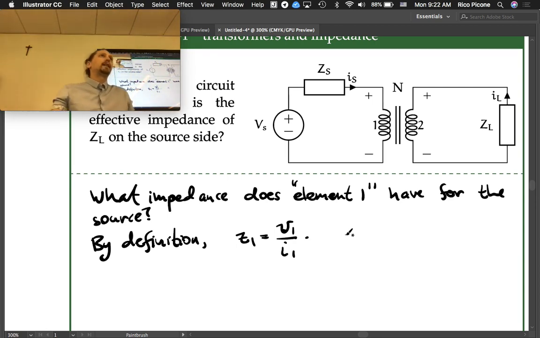So the effective impedance of that side is V1 over I1, okay? And so our goal then is to rewrite this in terms of ZL. That's what we want. We want to rewrite the voltage and the current in terms of ZL. Once we've done that, then we're going to have our relationship that we're interested in. How does ZL affect Z1, essentially?